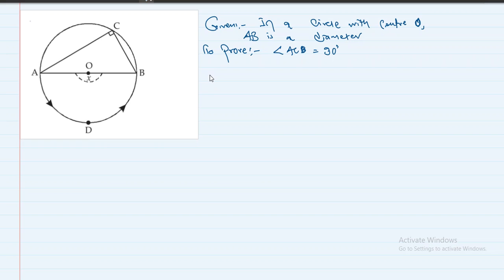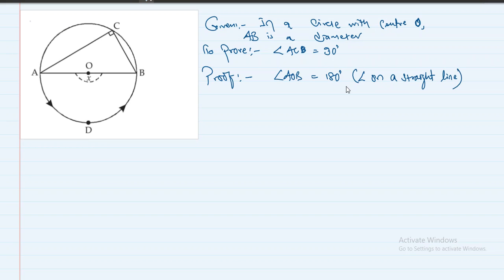Any construction is required? No, I don't think any construction is required. Okay, proof. It's very easy. Angle AOB is equal to 180 degree. Why is it 180?